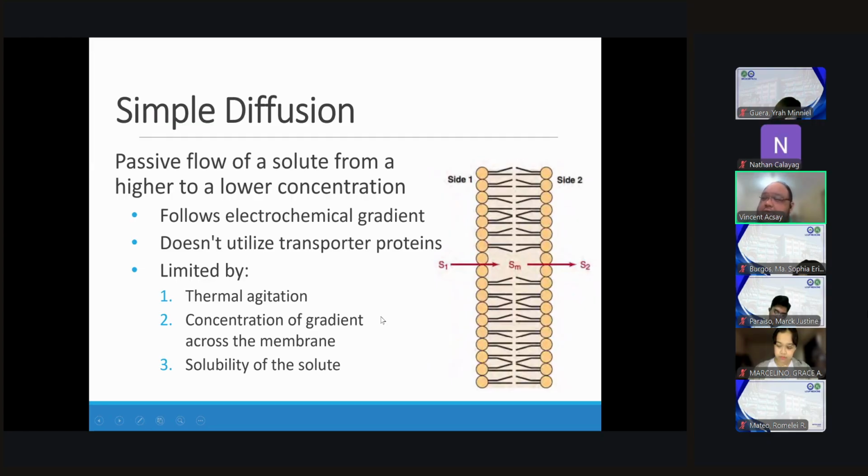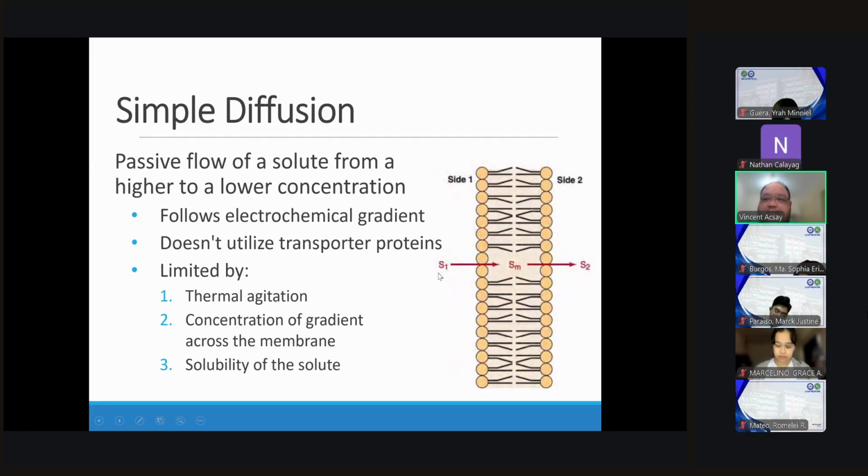Concentration of the gradient across the membrane. It reaches towards an equilibrium. If there is a greater amount of solute from one side compared to the other, the movement across the gradient is stronger.